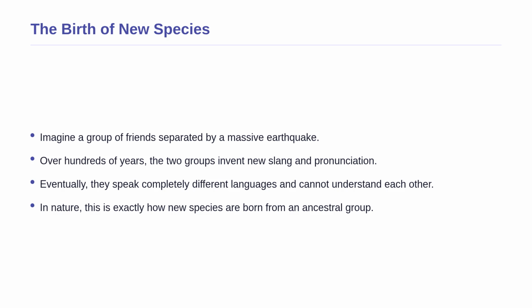Over hundreds of years, these two separated groups will naturally invent new slang, alter their pronunciation, and eventually speak completely different languages. If they ever met again, they would not be able to understand each other at all. In nature, this is exactly how new species are born, from a single ancestral group.